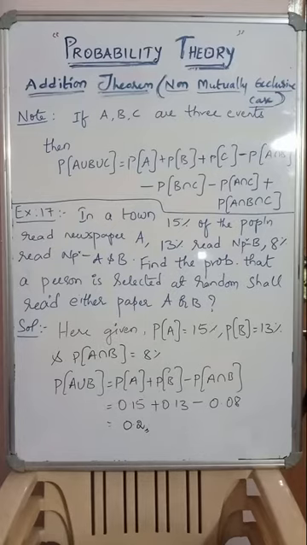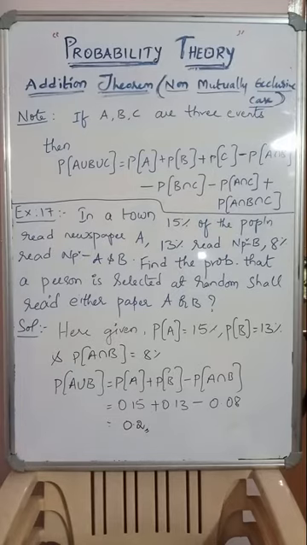Substitute in the formula P of A union B, read either A or B paper. Here two different papers, so A or B is asked, isn't it? Directly you substitute in the formula because all the three terms are given.